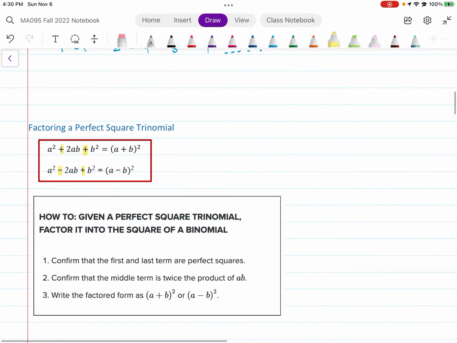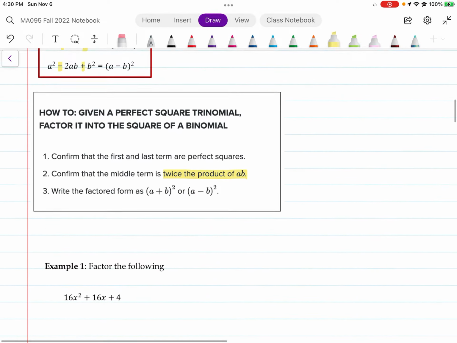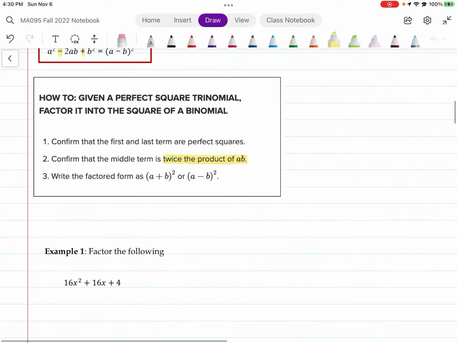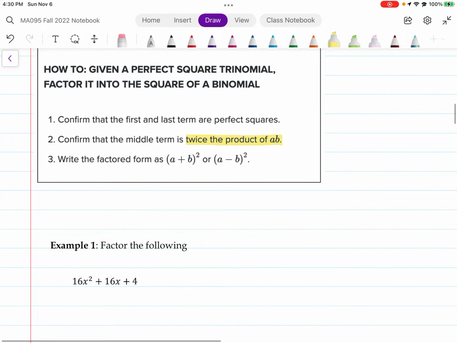So remember, the middle term is twice the product of AB. All right, so let's take a look at this. Factor the following. I'm going to rewrite this so that you can see what is squared. I don't mean factor it, I just mean write each individual first and last term as something squared.